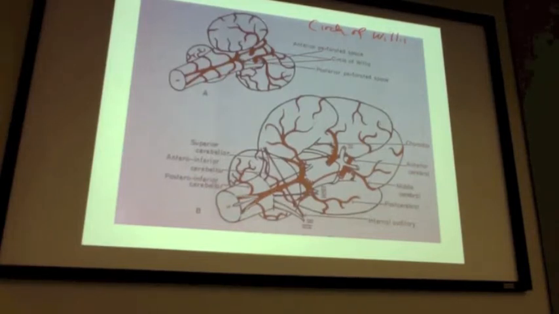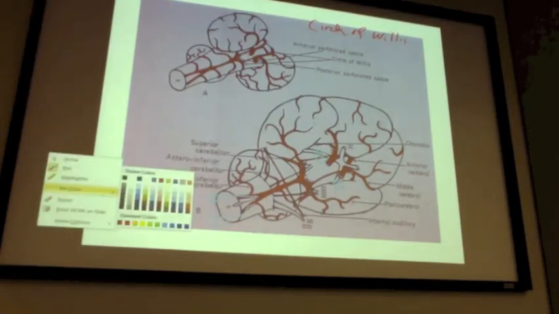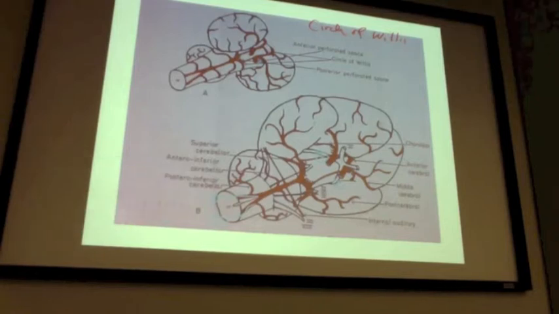Here's number one, here's number two, and then we've got number three over here, the two carotids, three and four over here. That's still pretty hard to see. Let's see if I can find a different color. Try a blue.